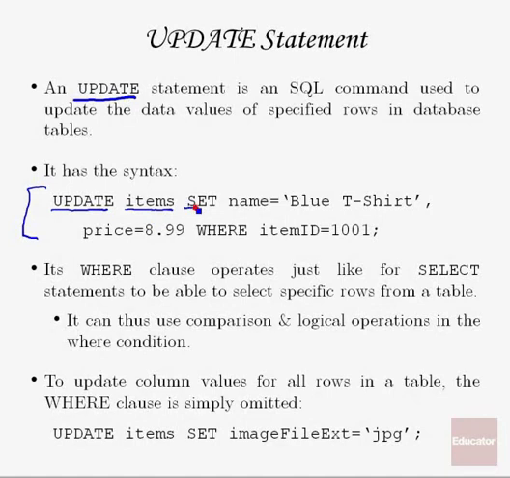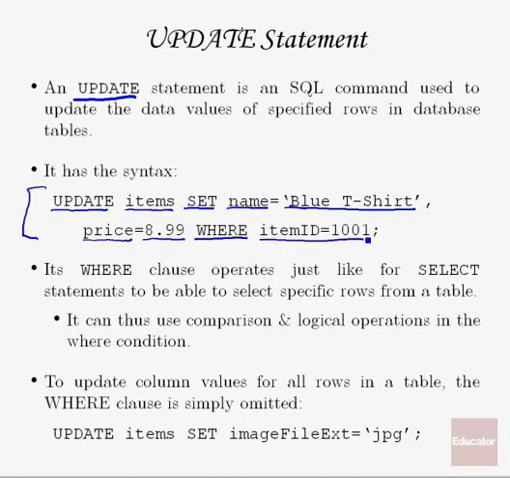And then it has the SET keyword. And basically what you do is you have a comma separated list of column names with the values you want to set them to. So for example, this is saying update the rows in the items table and set the column name to have the value blue t-shirt, and set the price value equal to $8.99 for any row where, and again it makes use of a WHERE clause, where item ID equals 1001.